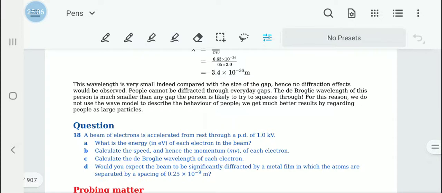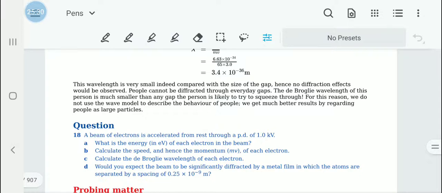As a result, we cannot see the diffraction effect. Humans cannot be diffracted through these gaps. The de Broglie wavelength is much smaller than any gap that we can squeeze through.